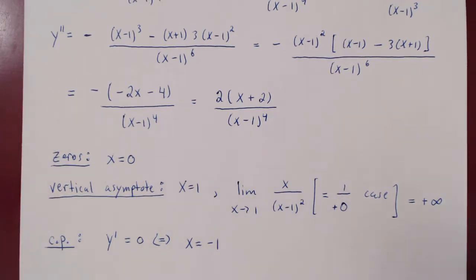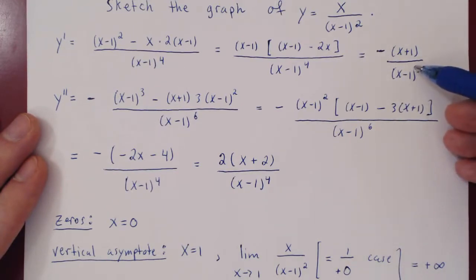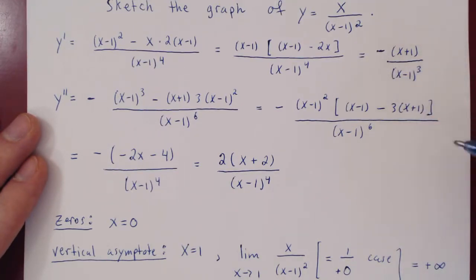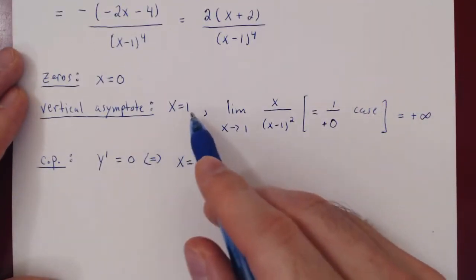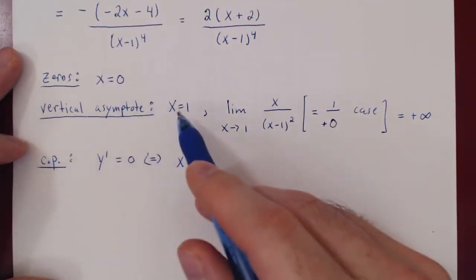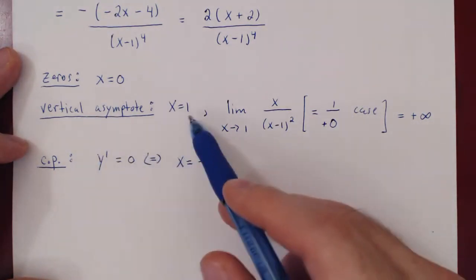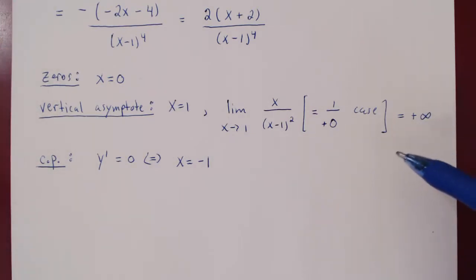But we have a second critical point where the derivative is undefined, because if x equals 1, we have a division by 0, and so the derivative will not exist at x equals 1. And this is not surprising because we already knew that at x equals 1, we have a vertical asymptote. So this will always happen. Whenever you have a vertical asymptote, because the function blows up at that point, its derivative will also blow up as well.